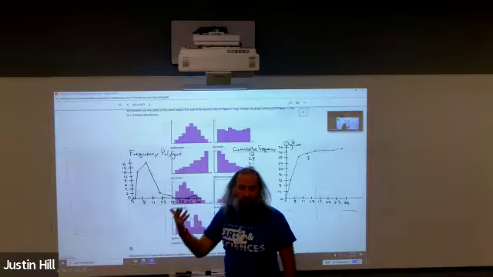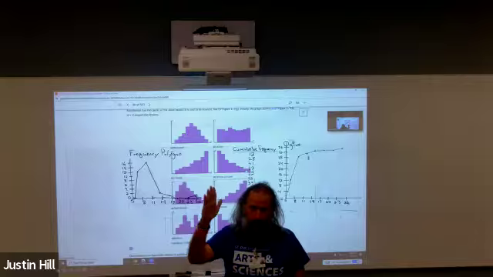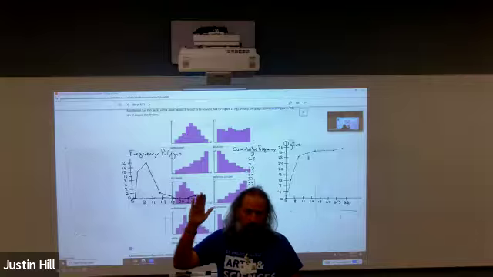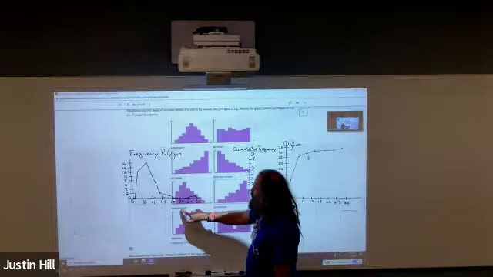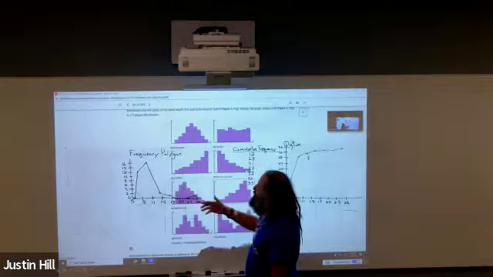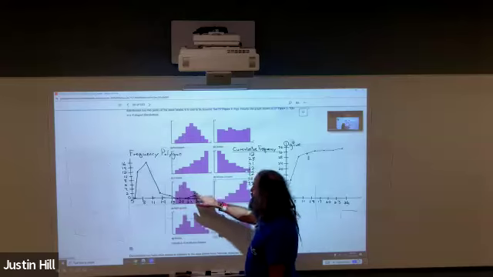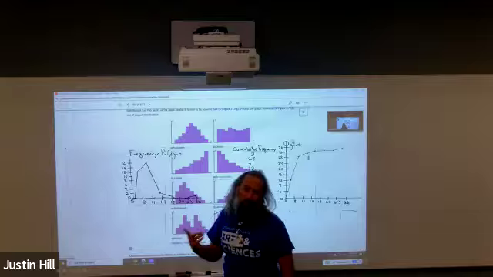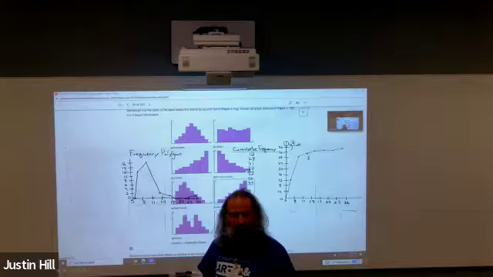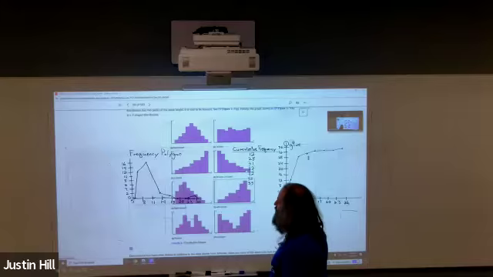Now, I've always thought that it should be named left skewed graph because you're pushing the mound, the top of the hill, to the left. The reason they call this right skewed is because the tail of it, the low end of it, is on the right. So they name it by where the low end of it is, which is just really weird to me.